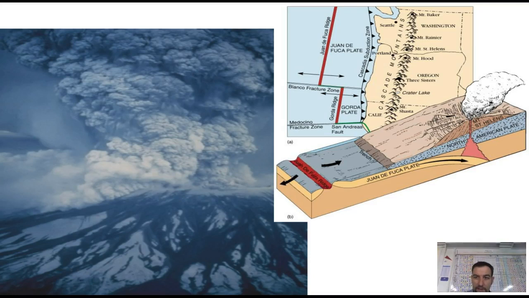Okay, here's another example of that. Mount St. Helens is actually a volcano that was created because of a subduction zone. You can see that whole Cascade Mountain range that runs from Northern California up through Washington is all part of a subduction zone. And there are a lot of volcanoes in that range that are still quite active.